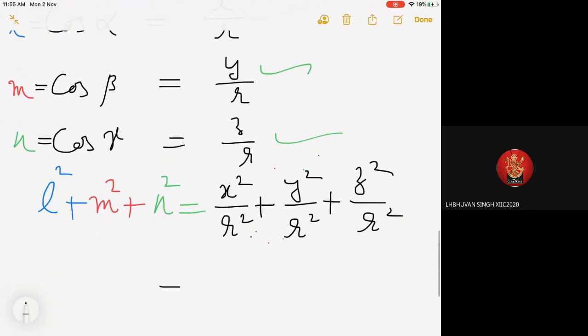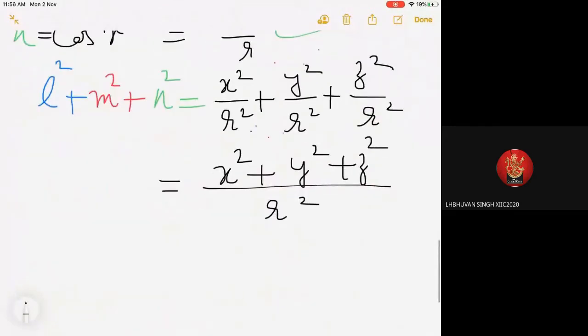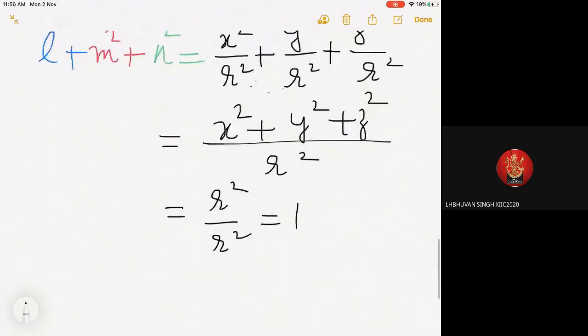Adding, you get x square plus y square plus z square, and we know that x square plus y square plus z square is r square. So it becomes r square by r square, and that is equal to 1. So this is a famous identity in 3D geometry, that is L square plus M square plus N square is equal to 1.